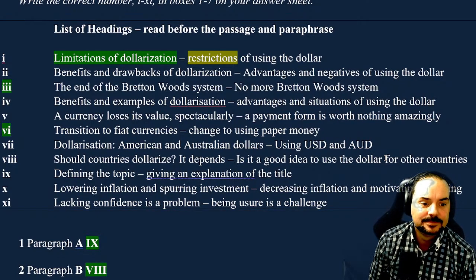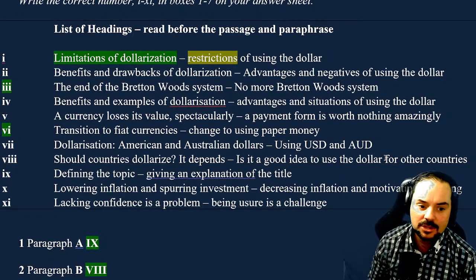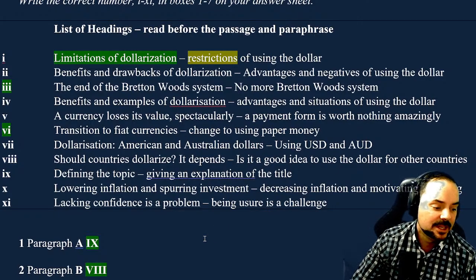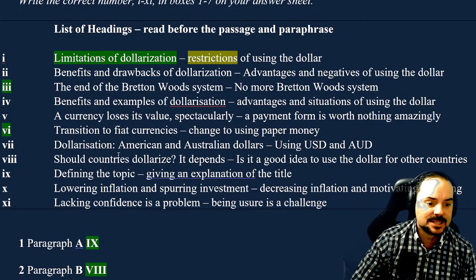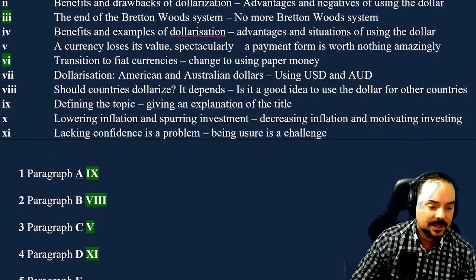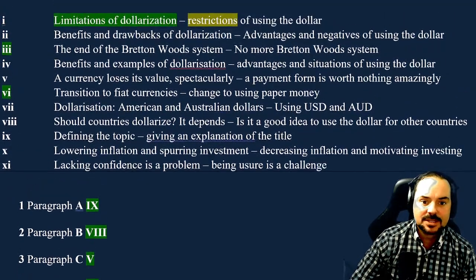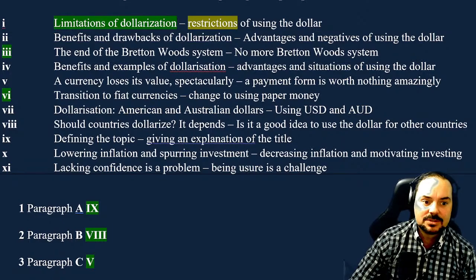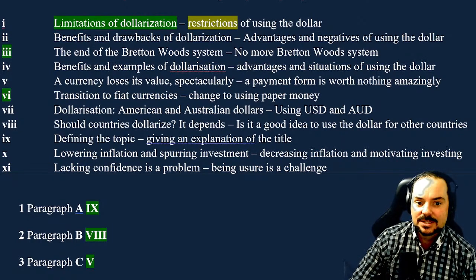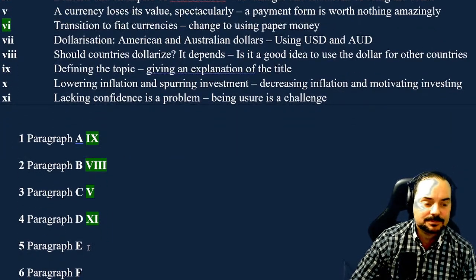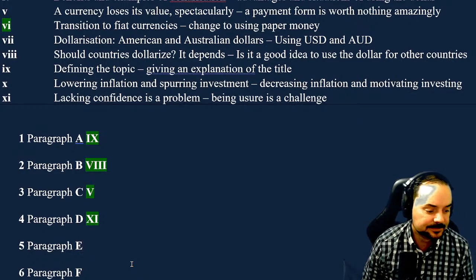The fourth one, benefits and examples of dollarization. And you just picked yourself up a point for your IELTS exam. So paragraph E, number 4, the benefits and examples of dollarization, right? So it's saying these are the good reasons and here are the examples.